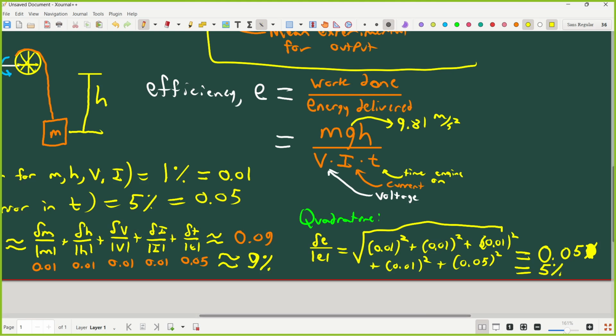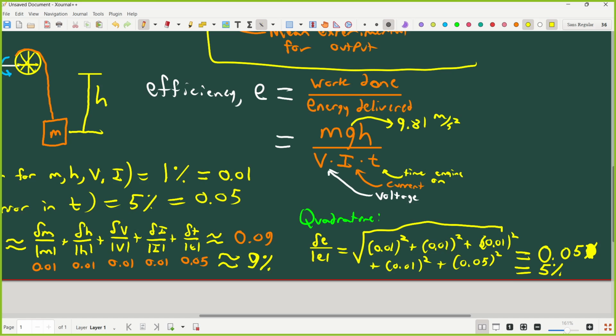So when we just add the errors together, we get 9%. And when we think about things more from a geometric point of view, where we think about things in quadrature, think about these as vectors, if you will, and you're adding all the vectors together and calculating the length of the total vector, which is just this calculation here, you get 5% instead. So it's about a factor of 2 smaller.